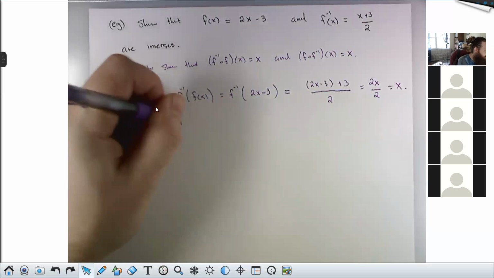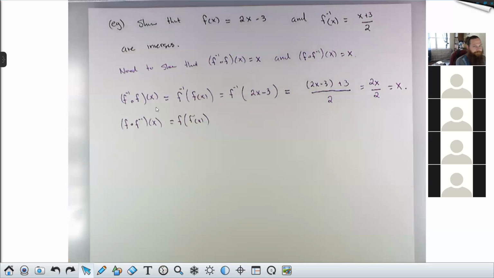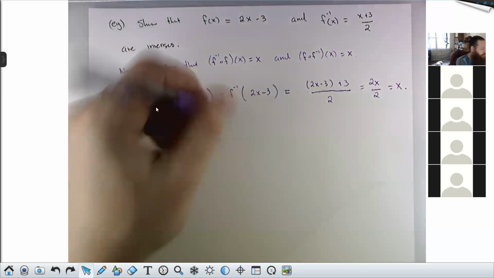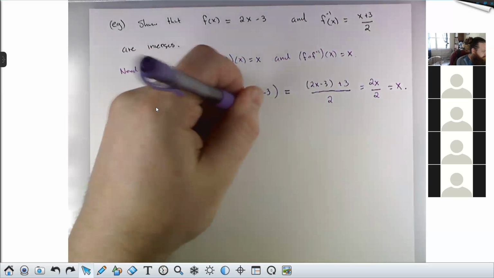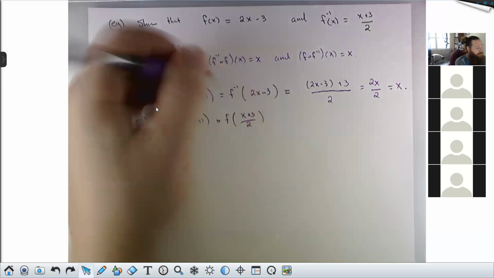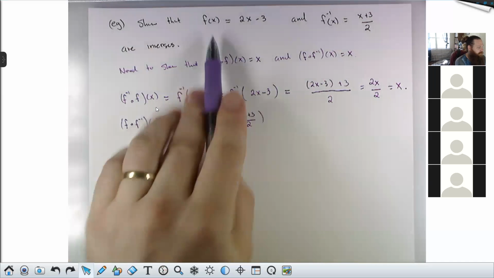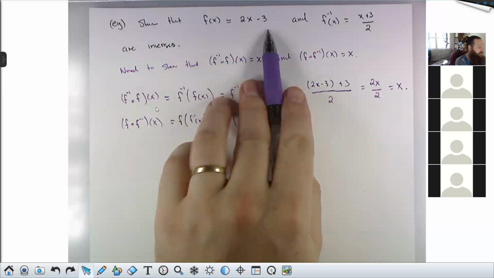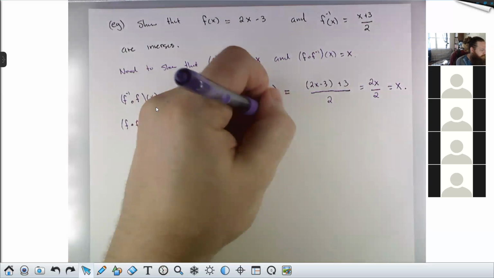This will be f of f inverse of x. The inner thing there is x plus 3 over 2. And if I'm going to take f of that, that means I take this formula for f of x, and here, in place of this x, I write x plus 3 over 2, all in parentheses.